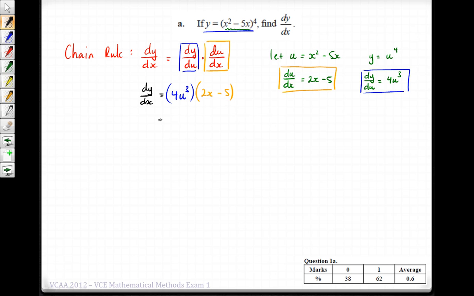We know that u is in fact this bit here, so we substitute that back in, so we get 4 outside of (x squared minus 5x) to the power 3 times (2x minus 5). And I'd suggest just leaving it at that point. It's only 1 mark, so you don't need to go too far into it.